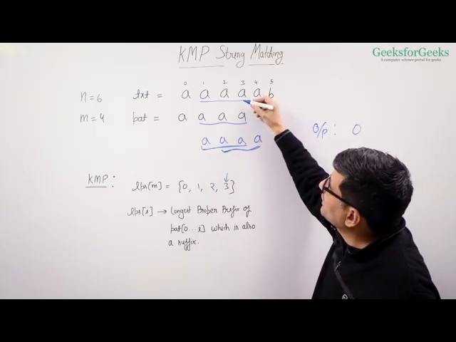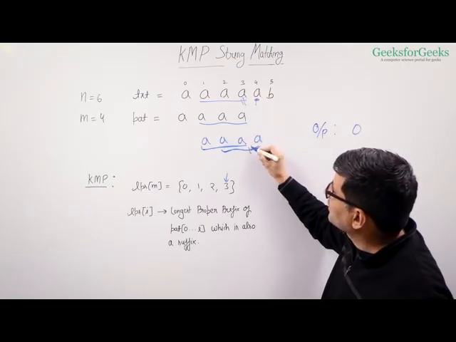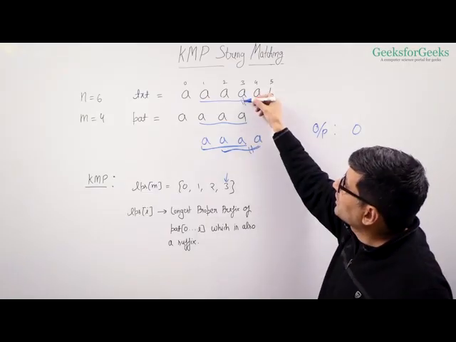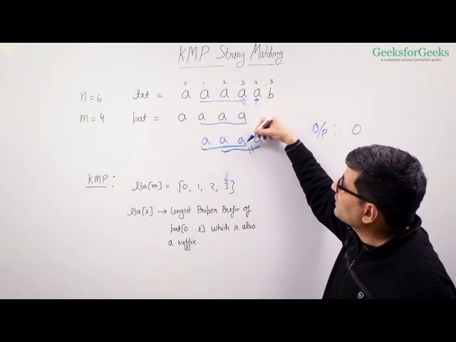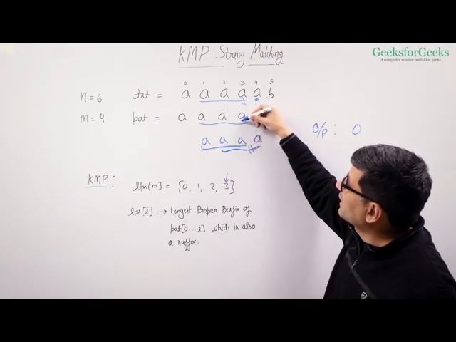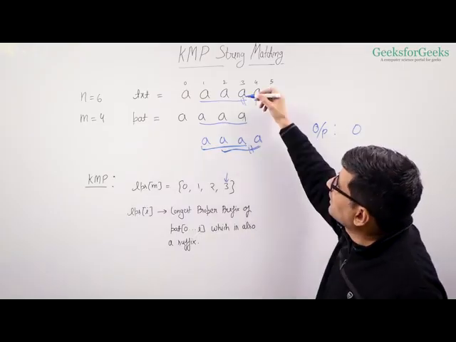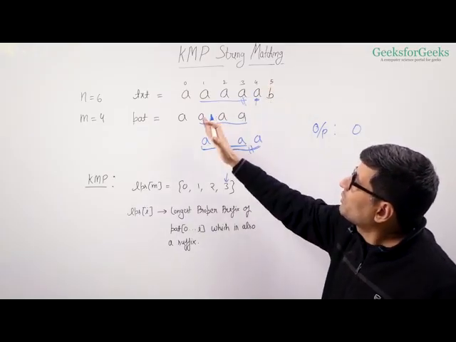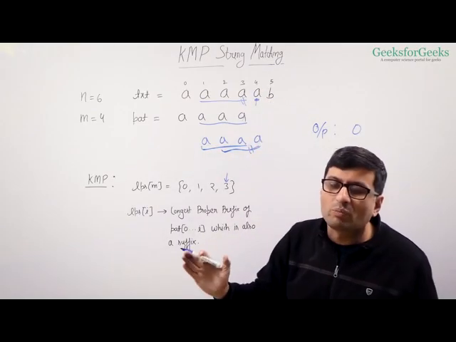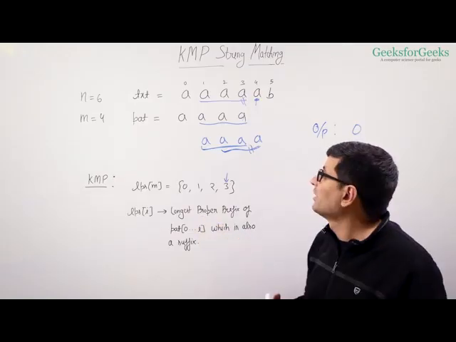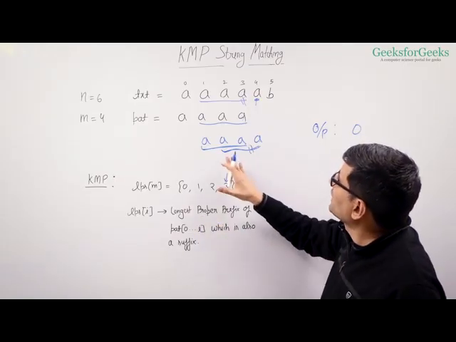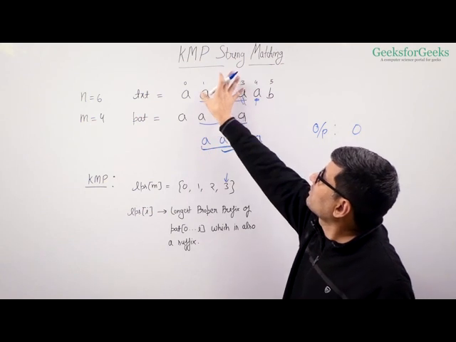They are same as these is told to us by the LPS array, and they are same as these we figured out because we were running the KMP loop and matching the characters one by one. So that is how we skip matching these 3 characters with these 3 characters.